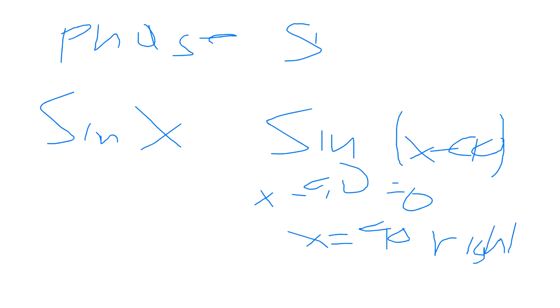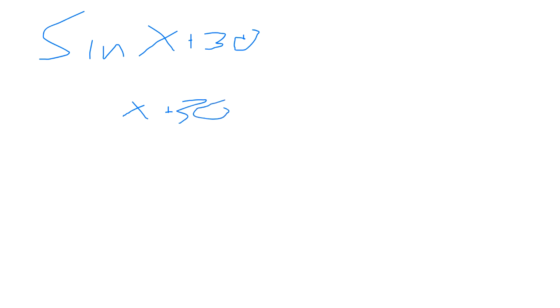So for instance, if I have a graph like sine (x plus 30), x plus 30 will be equal to 0, and x will be equal to minus 30.